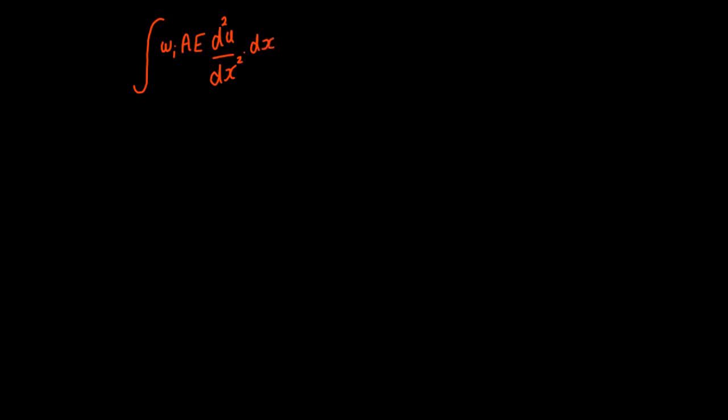W is the weighing function. If you assume a simple trial solution, u of x is equal to a naught plus a1 x, you are going to assume a linear trial solution. Because you have considered a small piece, then even though the deflection is a curve, if you take a small piece of the curve, it's a straight line.